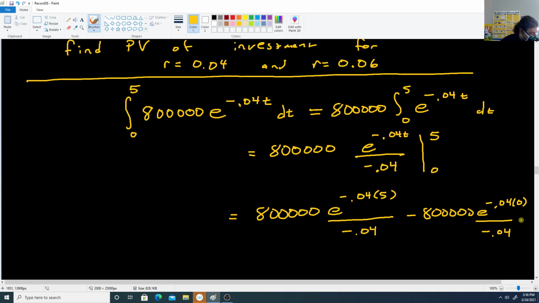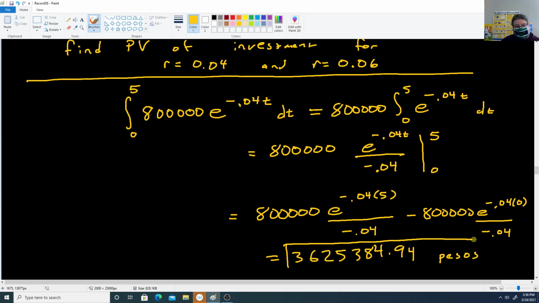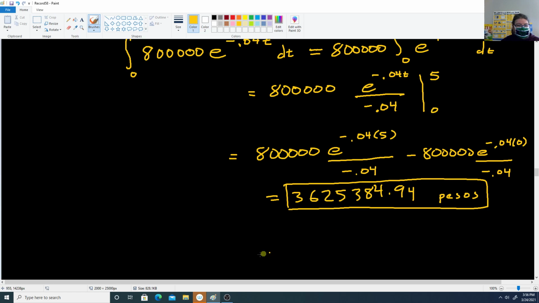And that will equal 362,538.94 pesos. So basically, that is the present value of the income stream when the interest rate is 0.04.